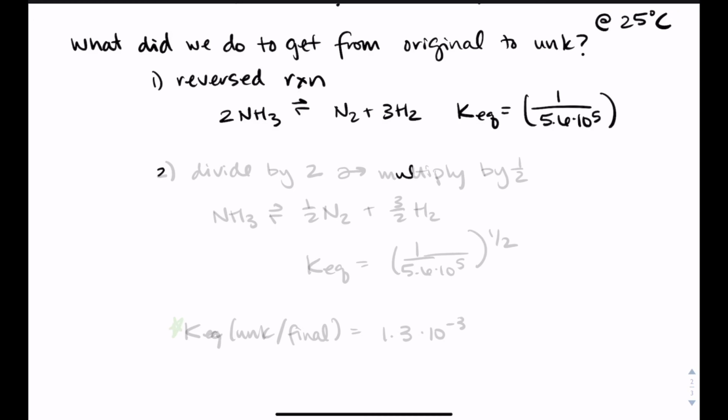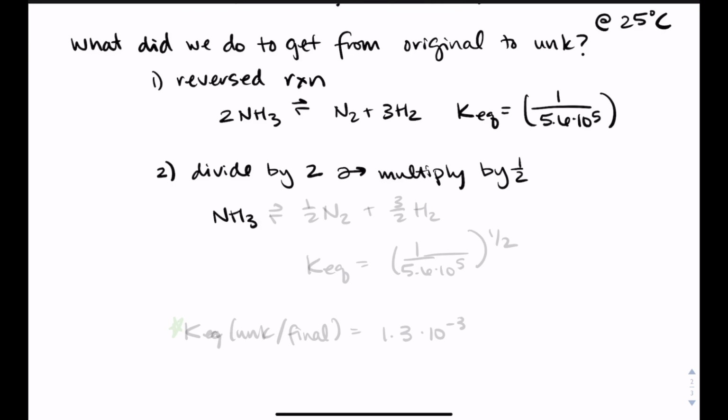Then it goes down to 1 NH3. So it looks like it was divided by 2. Yeah, because that would give us 1 NH3, 1/2 N2, and 3/2 H2. So we divided by 2. We didn't have a rule for division, but dividing by 2 is the same as multiplying by 1/2.